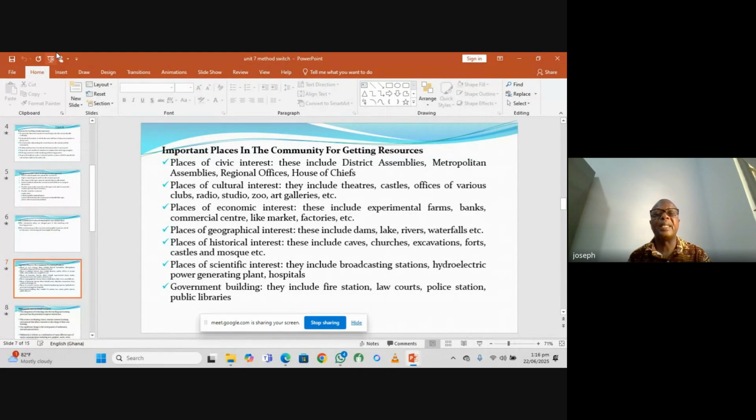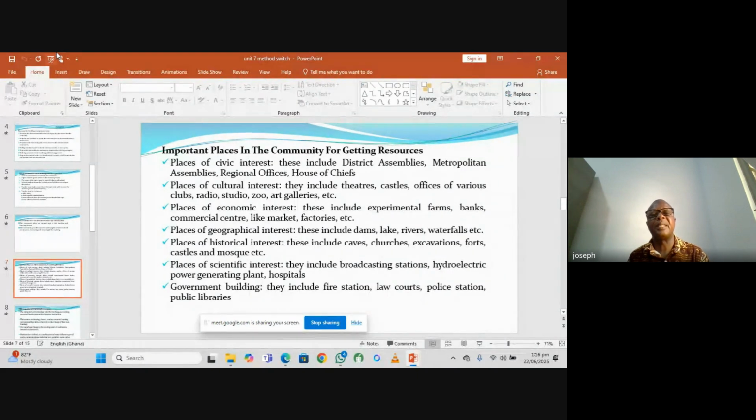Places of historical interest: we are talking about the caves, churches, excavations, forts, castles, the Larabanga mosque, and all those. At times, the examples of cultural interest and historical interest are almost the same. So when you are citing such examples, you know that they are almost the same.